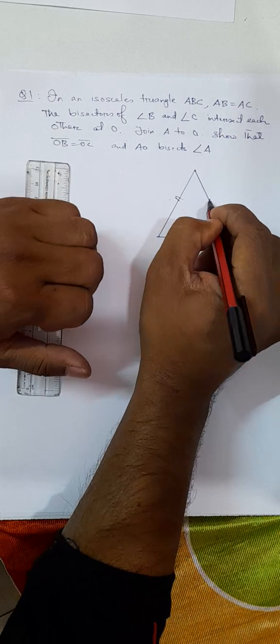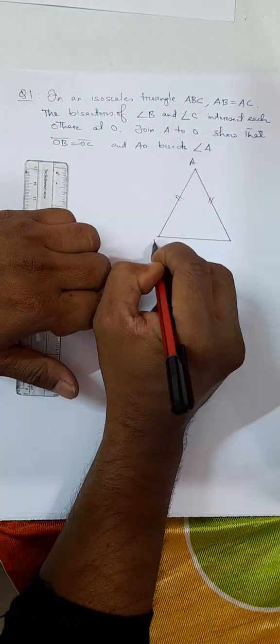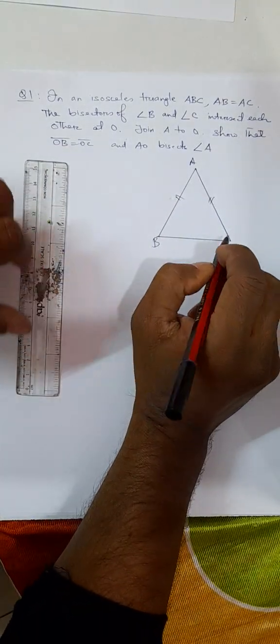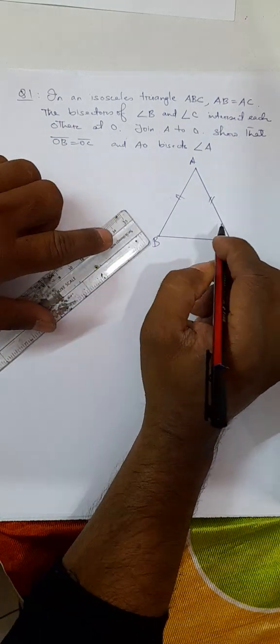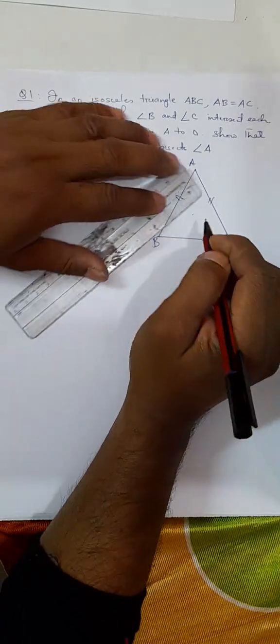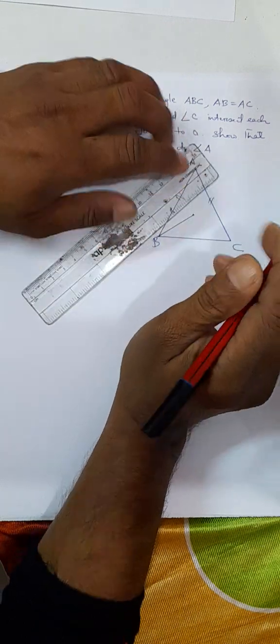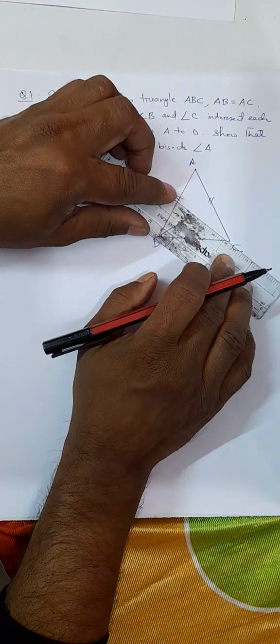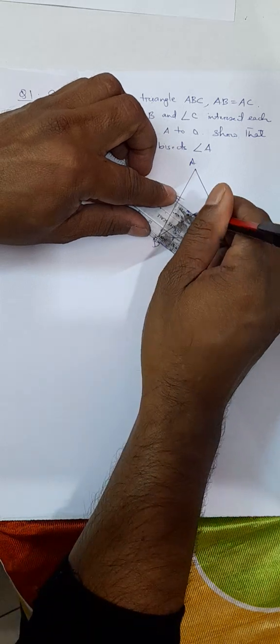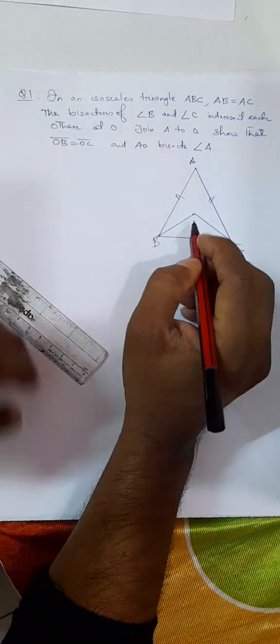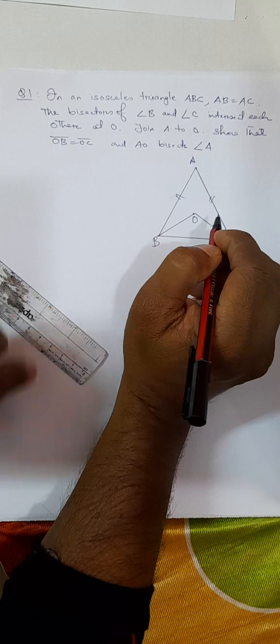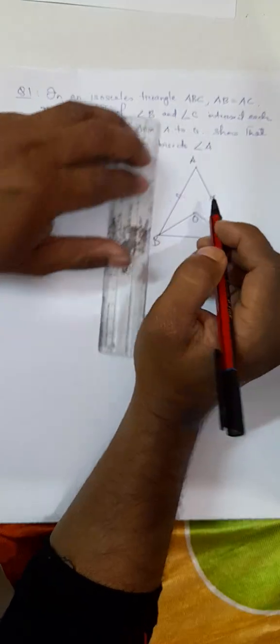Bisectors of angle B and C intersect each other at O. Let us draw the bisector of angle B and bisector of angle C, suppose this line. They intersect each other at point O. Then join A to O.